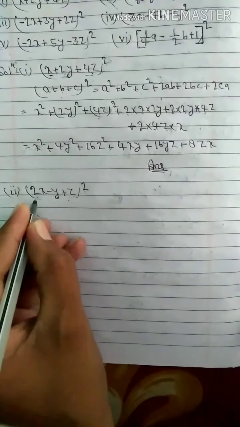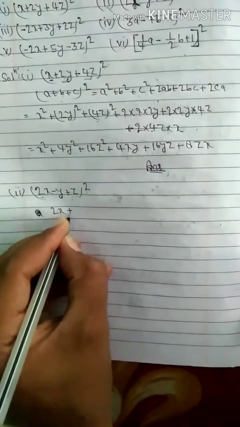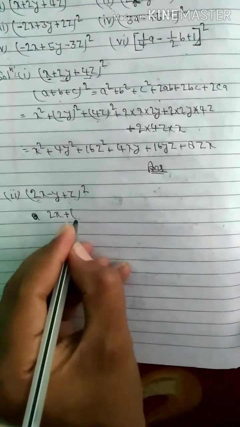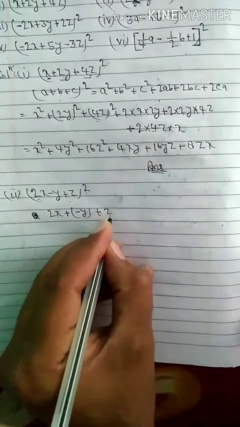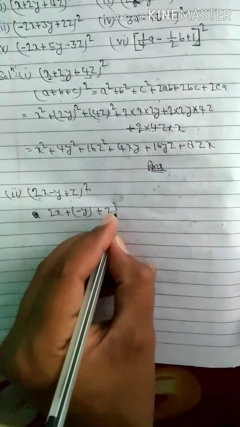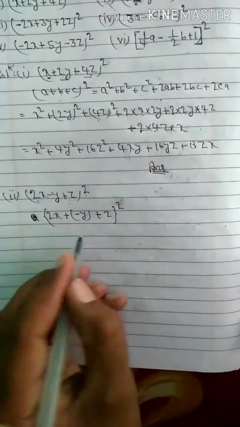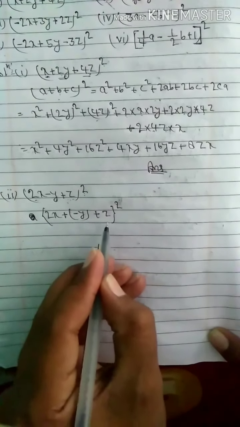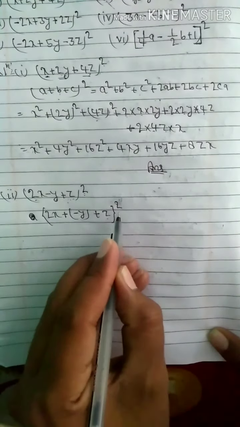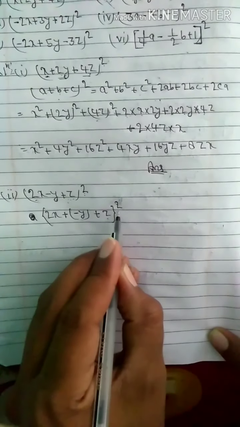So now here (2x + (−y) + z), and now this is the whole power 2. And now see, a equal to 2x, b equal to −y and c equal to z, whole to the power 2, as (a + b + c) whole to the power 2.